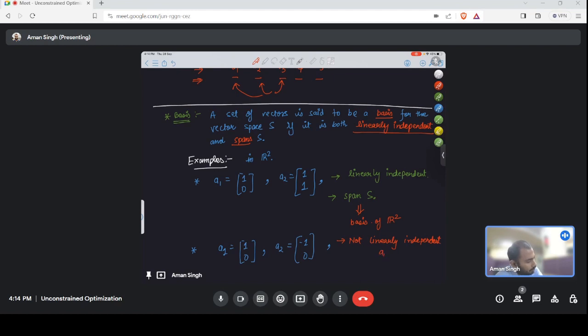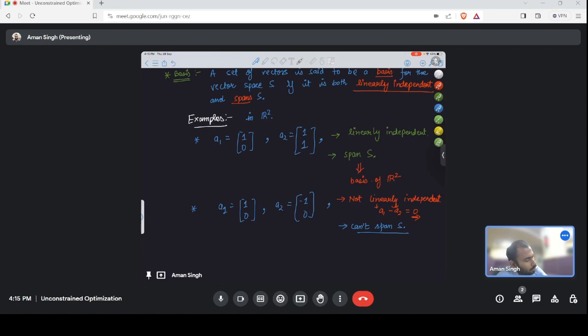A1 plus A2 equal to 0. So with alphas 1 and 1, their linear combination will lead to 0. They are not linearly independent, and they also can't span S. So that's why they are not a basis.